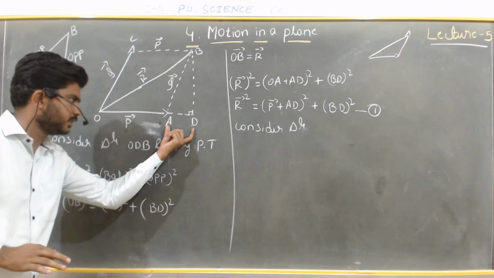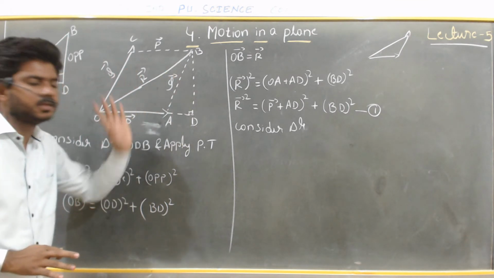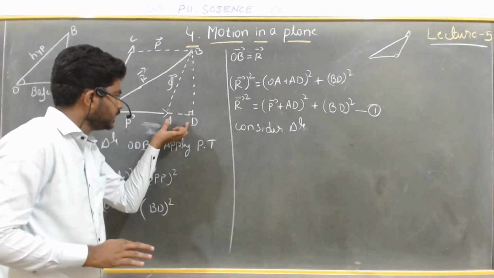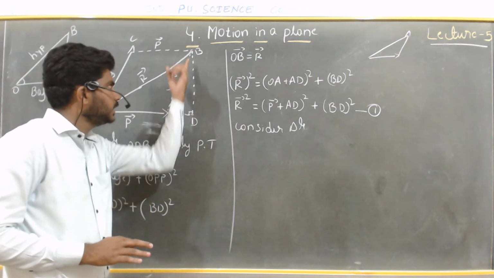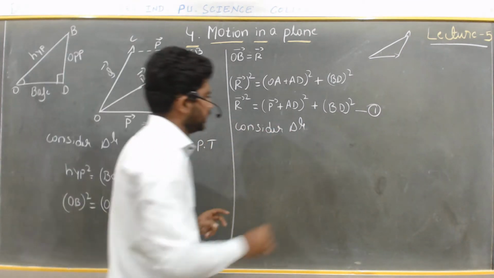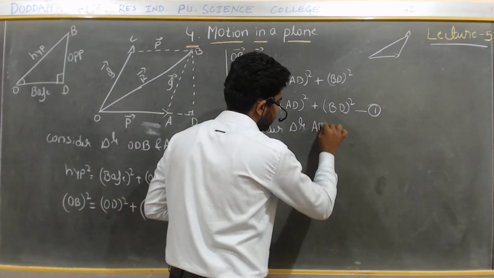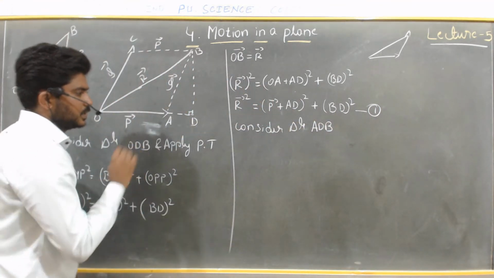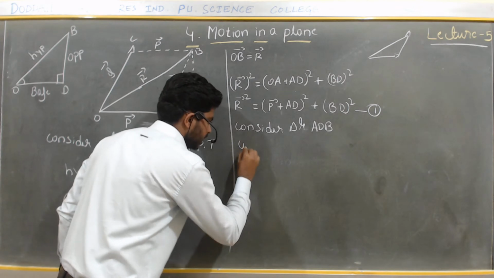Then easily you will get the value for AD as well as BD. See here, what we are doing means we are finding the value for this AD and BD. So consider a triangle, which one? ADB. In that one you take a function.